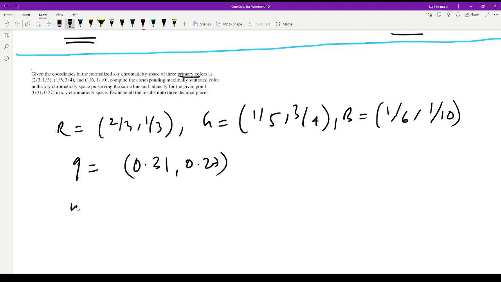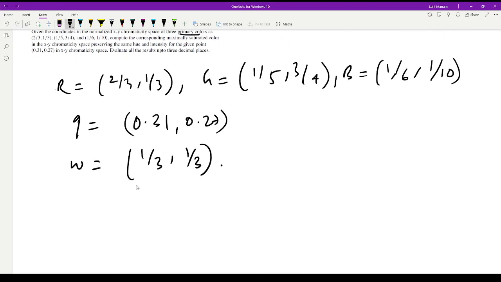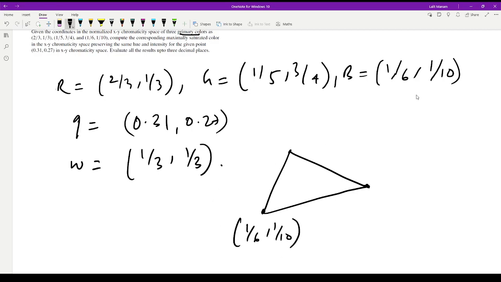And what do we know more? We know that our white lies somewhere here, right? Given all these things, I would like to draw a diagram like this. What is the smallest one? 1 by 6, 1 by 10.